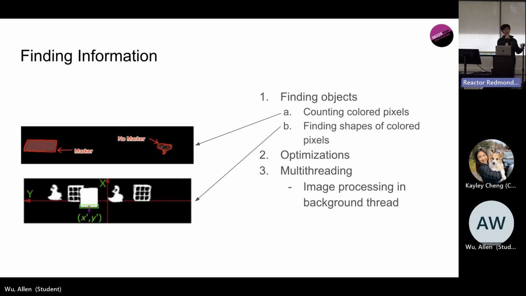Another thing is that CPUs have multiple threads, which means different programs can run at the same time on a CPU. So one optimization you might be able to do is moving the computation part of this image processing to a background thread, so you run it at the same time as your other code. That way you're not waiting on it to continue doing other operations on your robot.